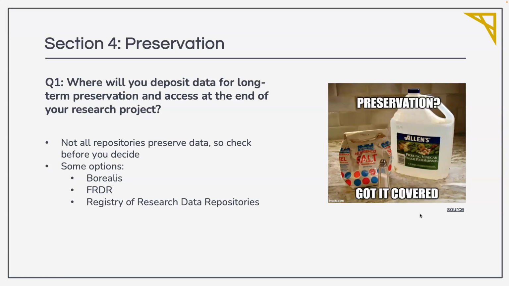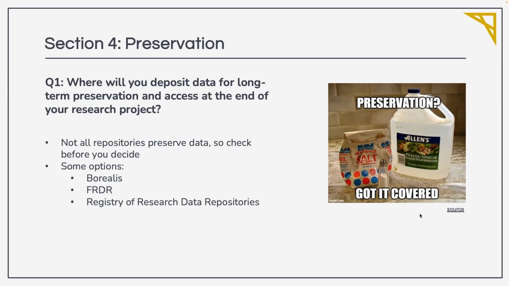It works much like the Alliance compute systems, where you do need to be a faculty researcher to apply for an allocation, but then you can grant grad students or lab managers access to your allocation. By default, FRDR provides a terabyte of space to deposit your data in, and it works with Globus file transfer.